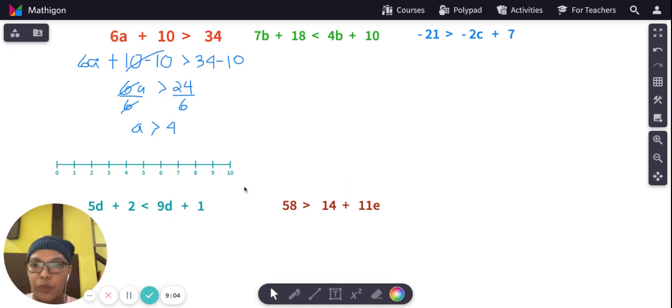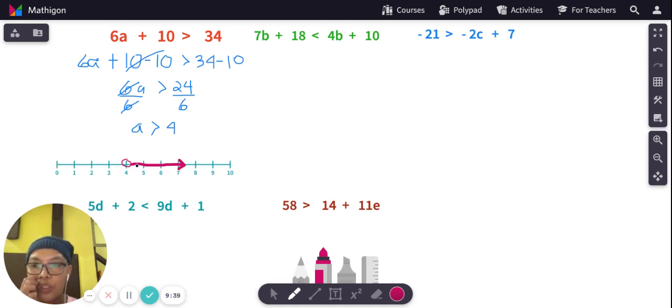To graph that in your number line, you simply locate 4 first. Then it says A is greater than. So what are the numbers greater than 4? When we say greater than, your arrow should be going to the right.